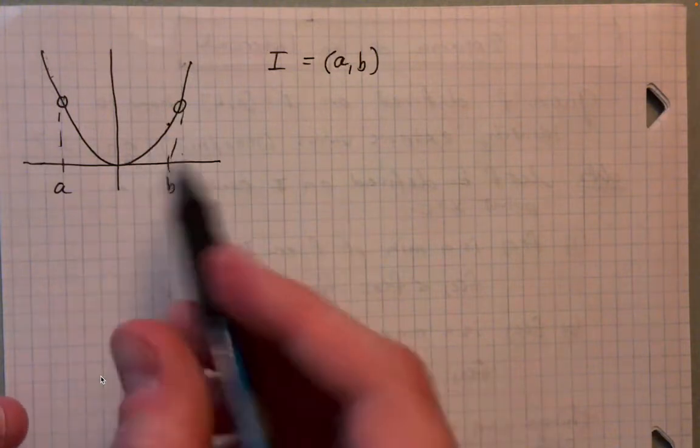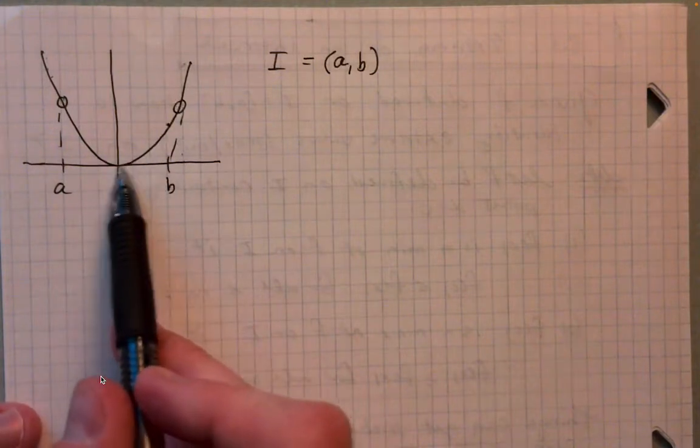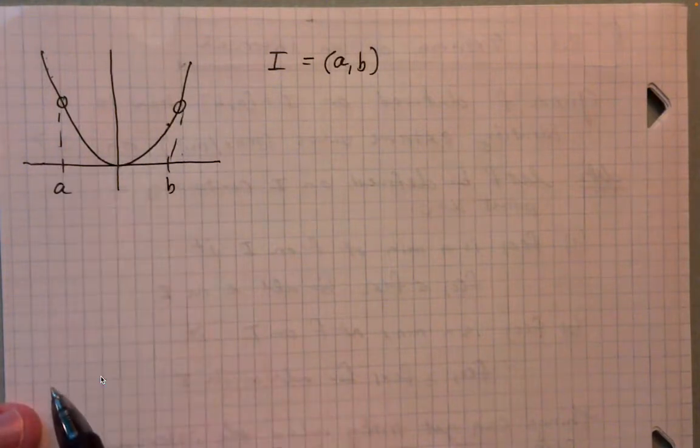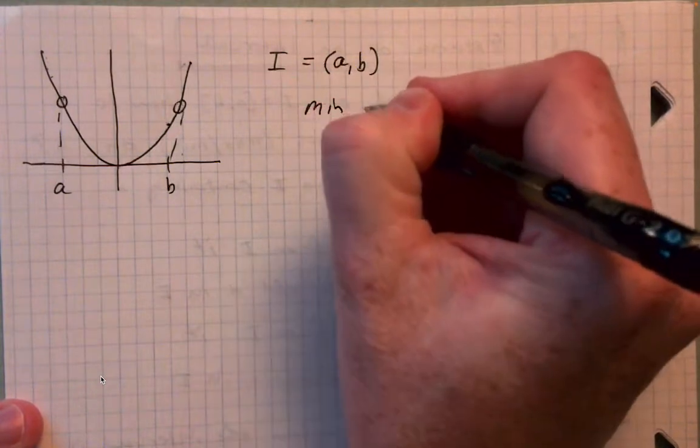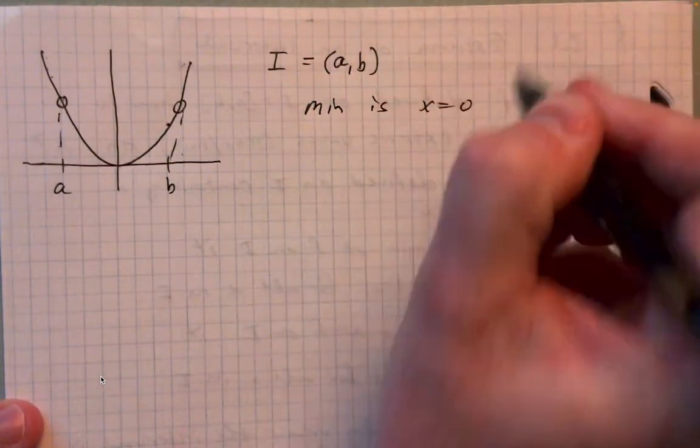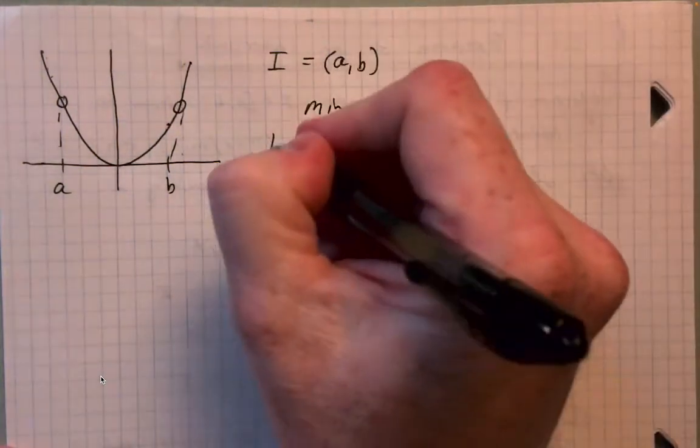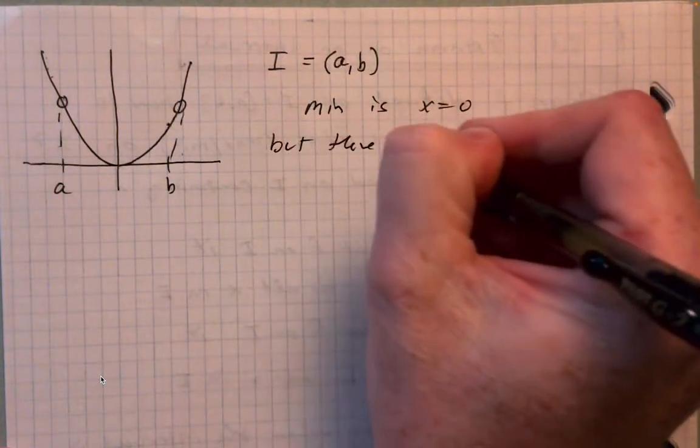So in this case, yes, we do have the minimum between a and b. That's x equals 0. So the min is x equals 0, but there is no maximum.